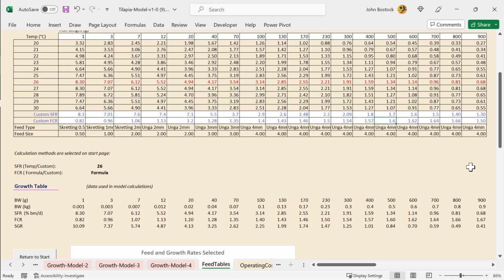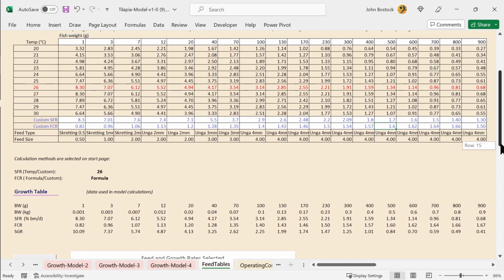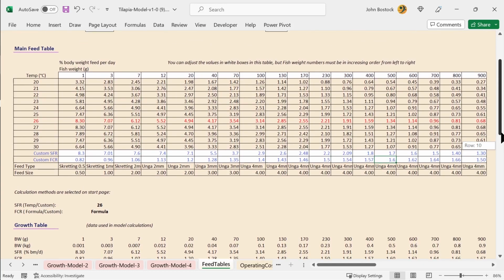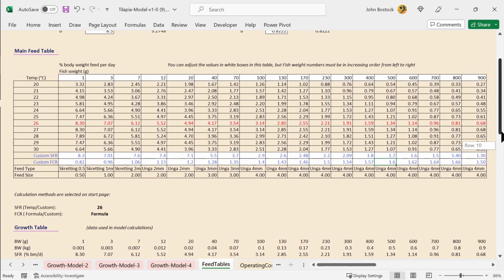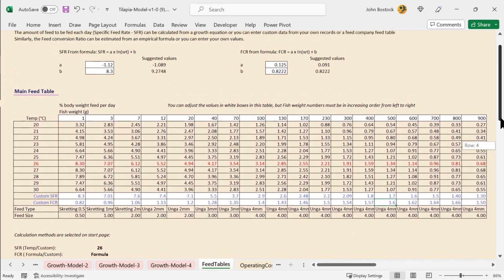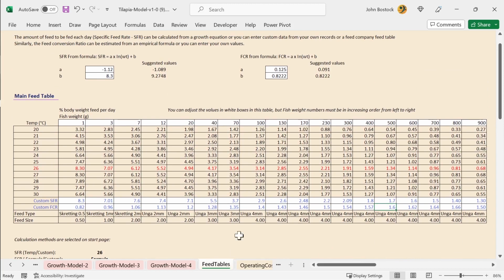The next thing to look at is the specific feed rate, SFR, which is the amount of feed fed per day expressed as a percentage of the fish weight or biomass. Feed manufacturers provide feed tables to show how much to feed at different fish sizes and temperatures. In practice, these are only a guide, but can be used to provide a growth model on the basis that the amount of feed fed divided by the feed conversion rate gives the growth increment of the fish.